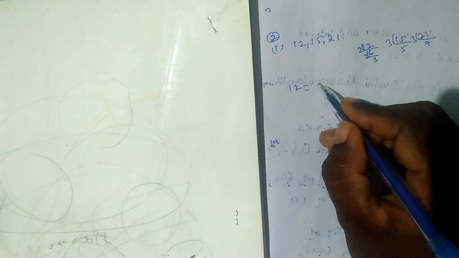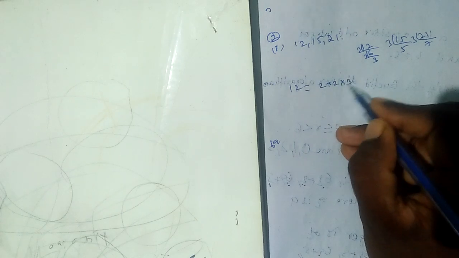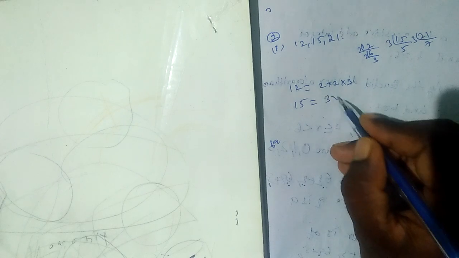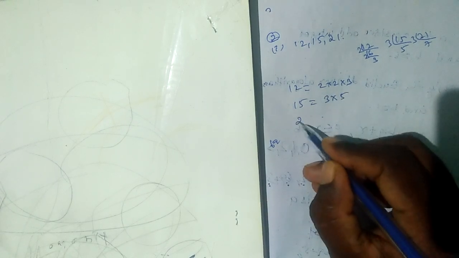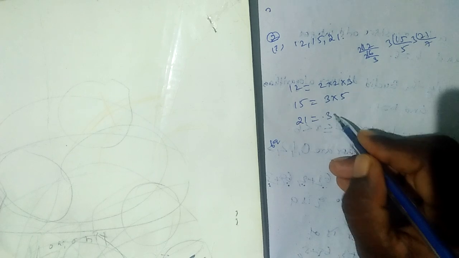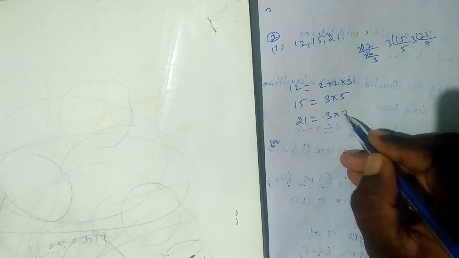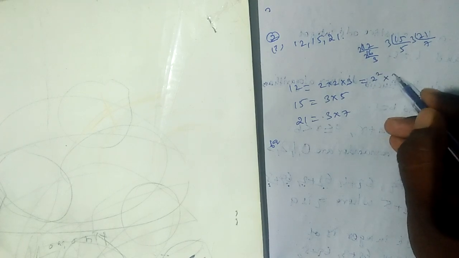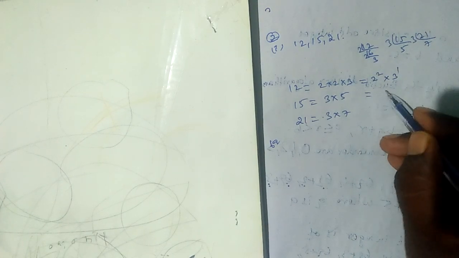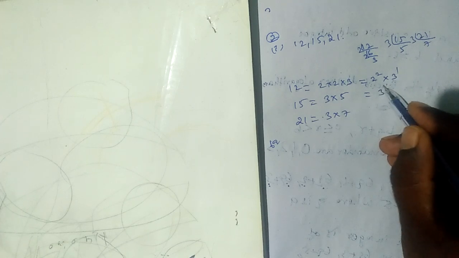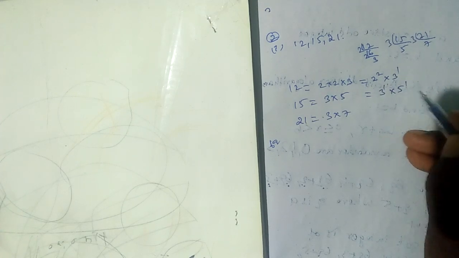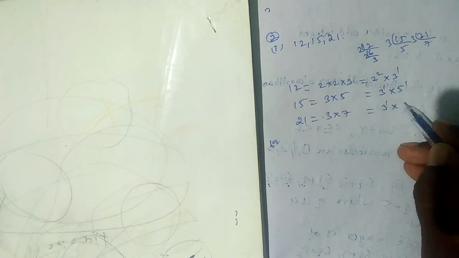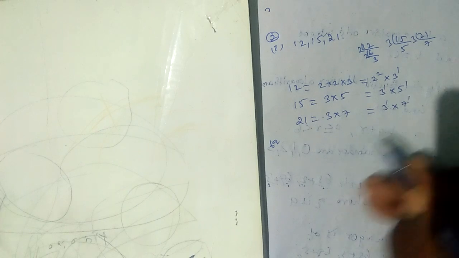So 12 is equal to 2 into 2 into 3, 15 is equal to 3 into 5, 21 is equal to 3 into 7. This is equal to 2 square into 3 to the power of 1. This is 3 to the power of 1 into 5 to the power of 1. This is 3 to the power of 1 into 7 to the power of 1.